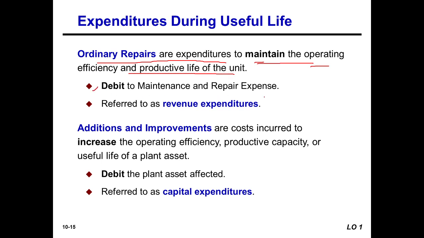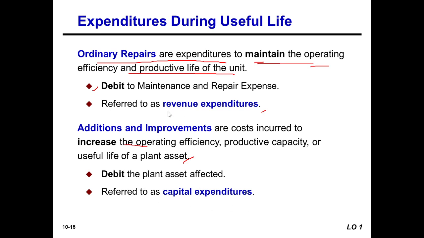Debit to maintenance and repair expense, referred to as revenue expenditure. Additions and improvements are costs incurred to increase the operating efficiency, productive capacity, or useful life of a plant asset. Debit the plant asset affected, referred to as capital expenditure.